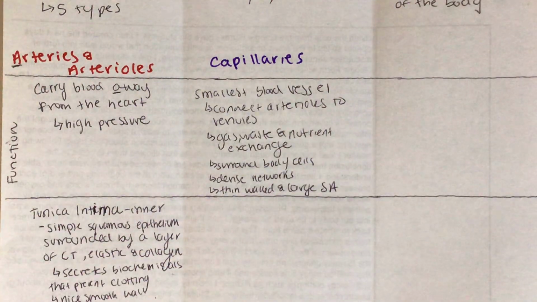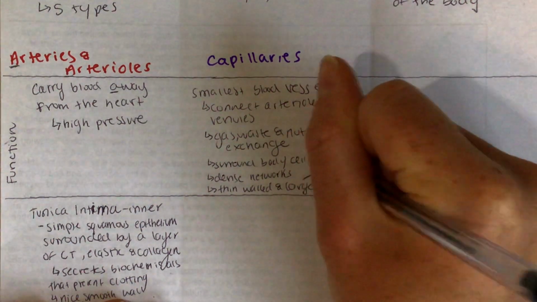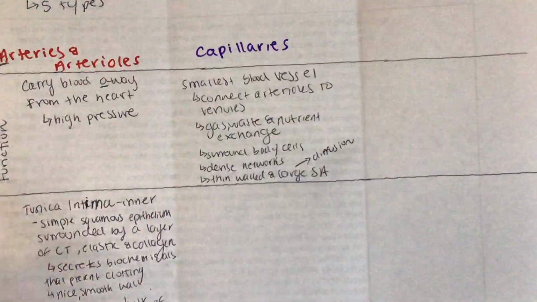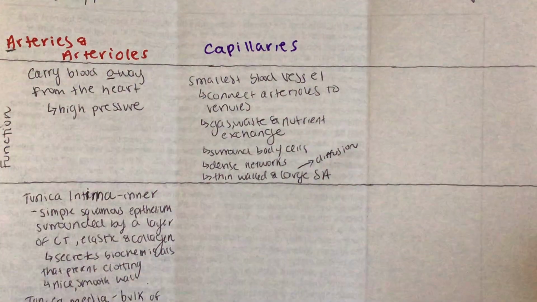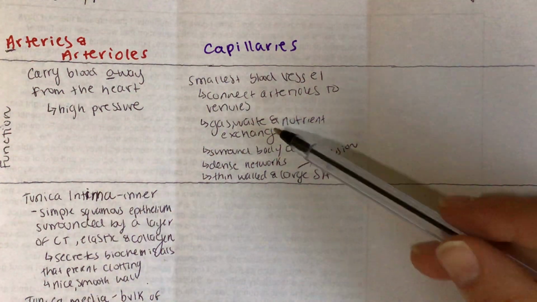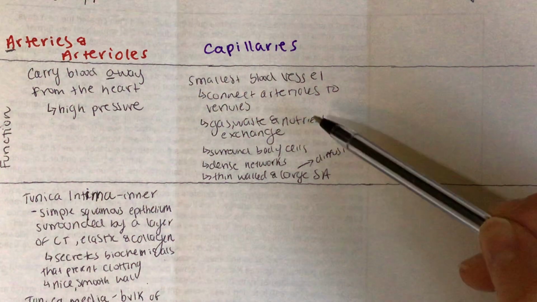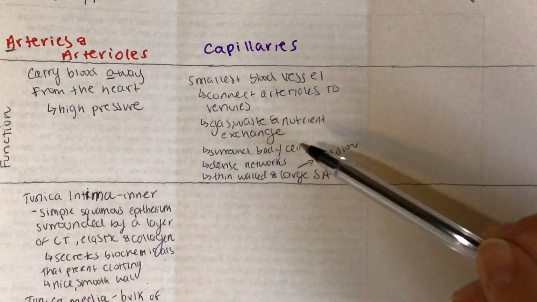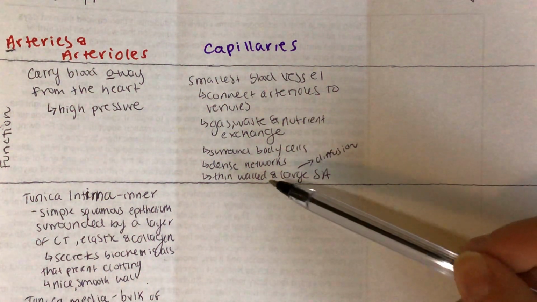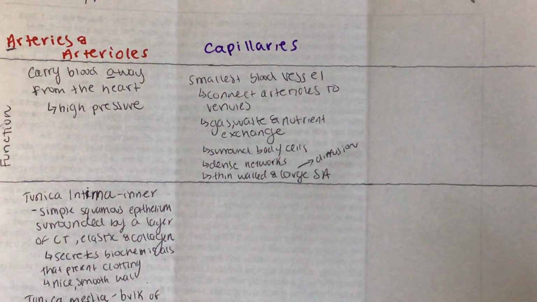And we've seen this idea before. And their job, because of this, is diffusion. Okay, so we're going to see the diffusion of gases like oxygen and carbon dioxide. Waste, we're going to see that moving from the blood into the kidneys or into the liver. And nutrients, which all cells need, through these really thin-walled, large surface area structures by the process of diffusion.